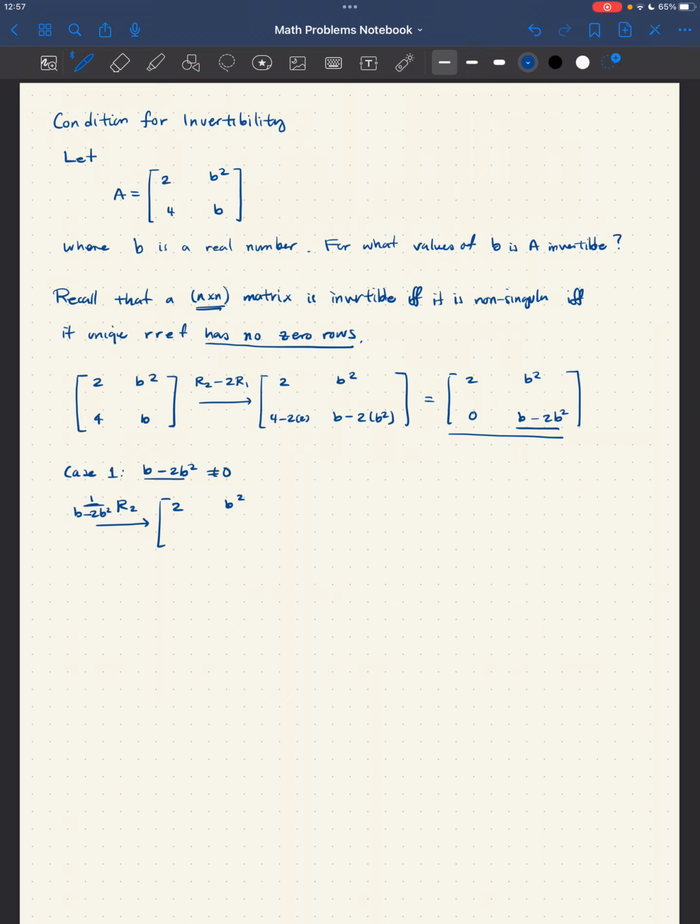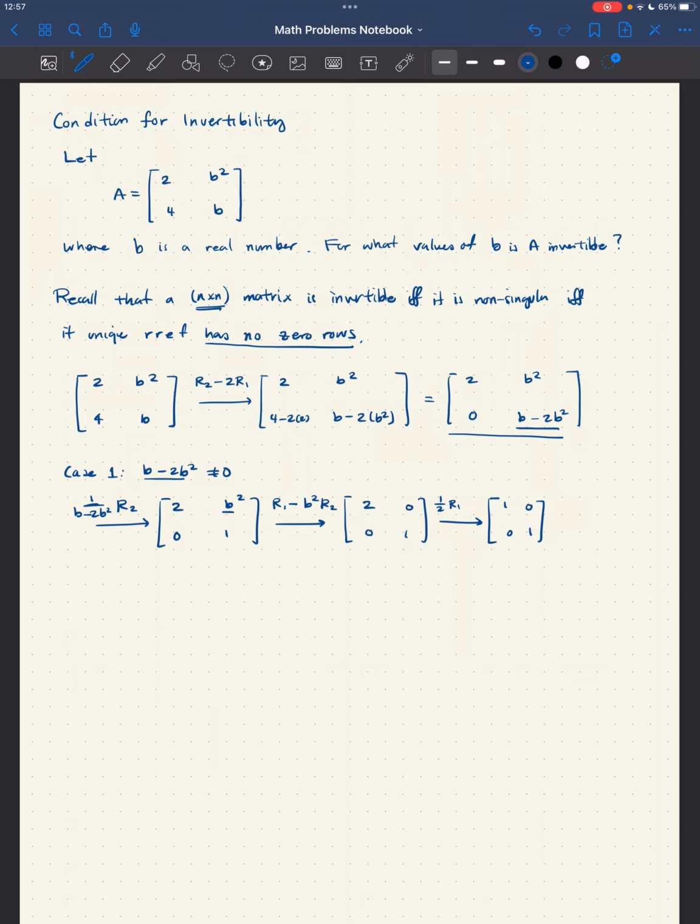2b squared, 0, 1, and then from that point I need to get rid of this entry, and I can do it by taking row number 1 and subtract b squared times row number 2. That would guarantee that I get 2 0 0 1, and lastly I will take half of row number 1 to get 1 0 0 1.